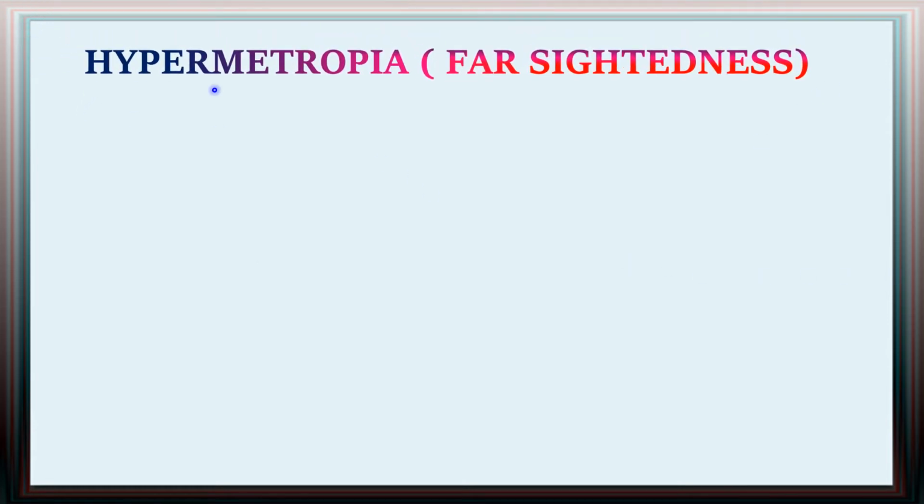So here I am giving you the definition of hypermetropia. Hypermetropia is also known as farsightedness. Okay, so what is hypermetropia? Here is the definition. A defect of vision in which distant objects are seen clearly but cannot see the nearby objects clearly is known as hypermetropia.